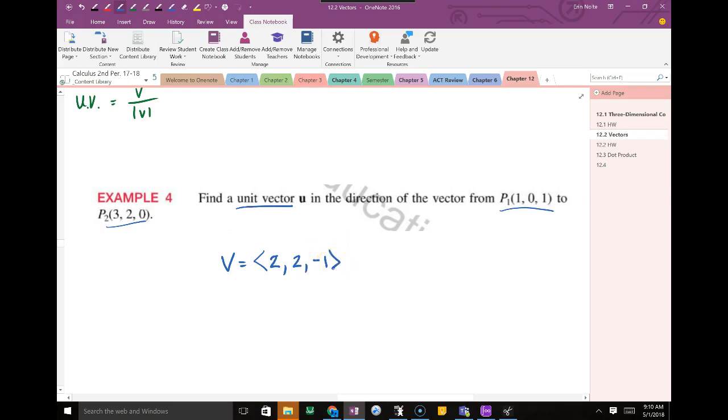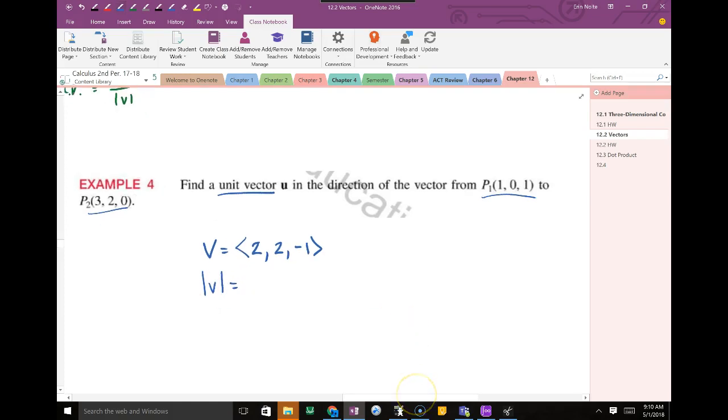Now I need its magnitude. So how do I find magnitude? That's your distance formula. Since I'm given a component form, I'm just going to do x squared plus y squared plus z squared and square root that. So it's going to go 2 squared plus 2 squared plus negative 1 squared.